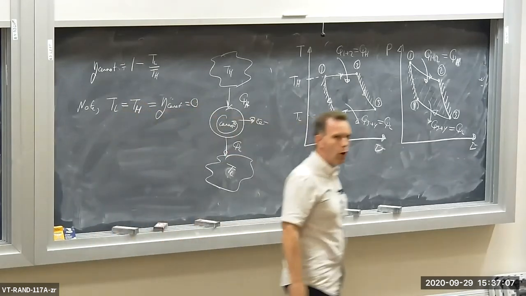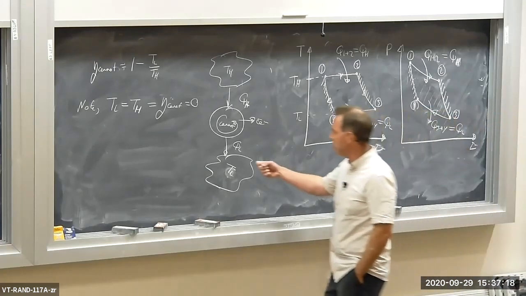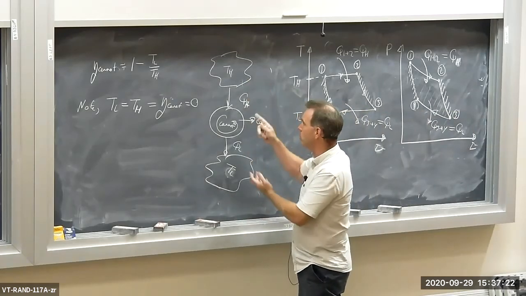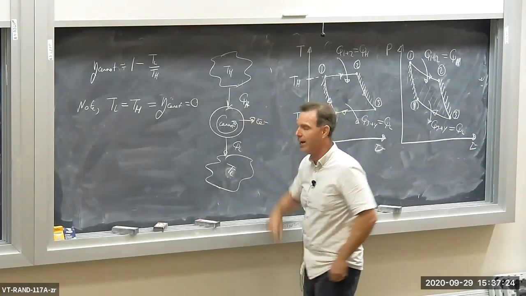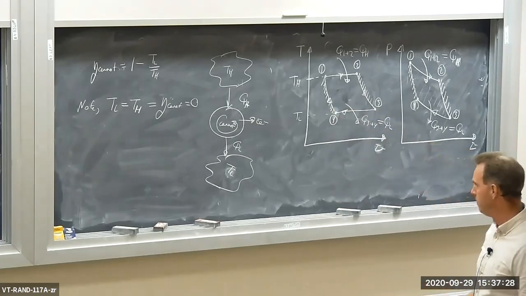It produces no work, no matter what the heat interaction. Why might that be true? Because that would be a violation of the Kelvin-Planck statement of the second law. If these guys have the same temperature, that means it's the same reservoir. So we've got one reservoir interacting with a device that cannot produce work.